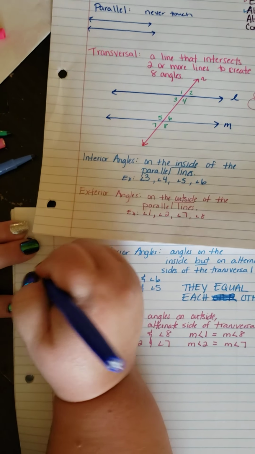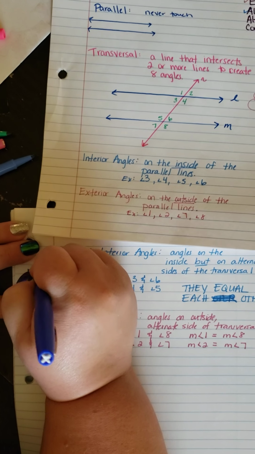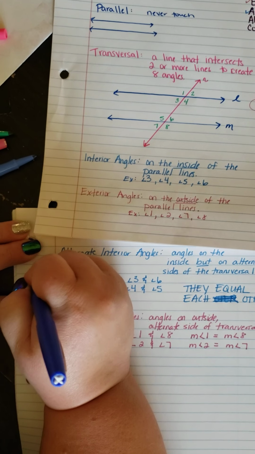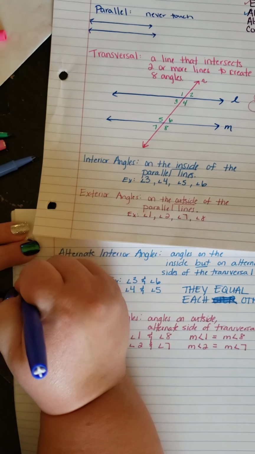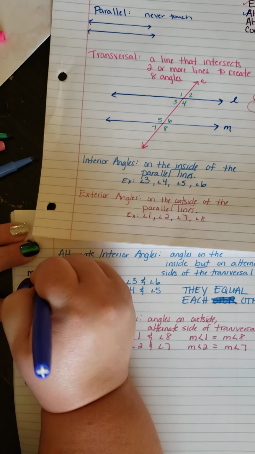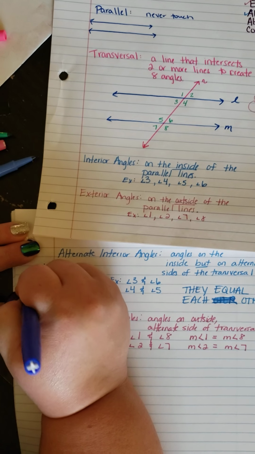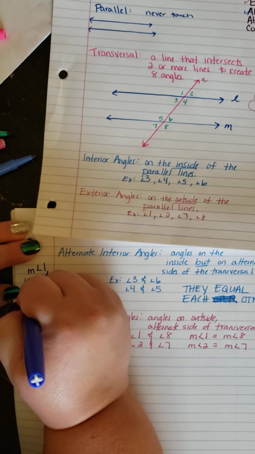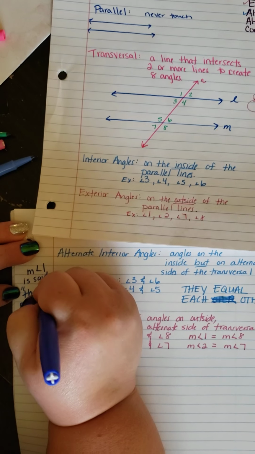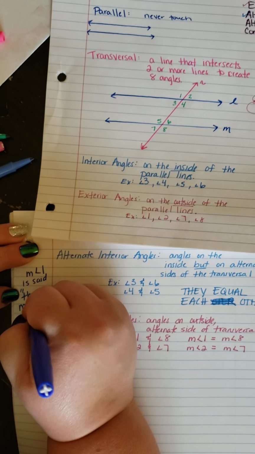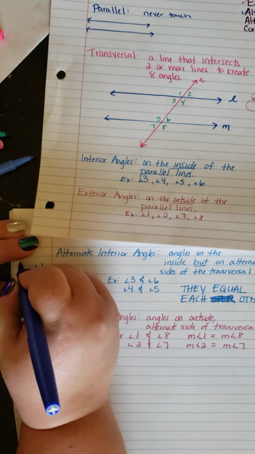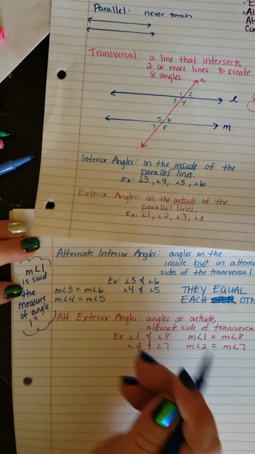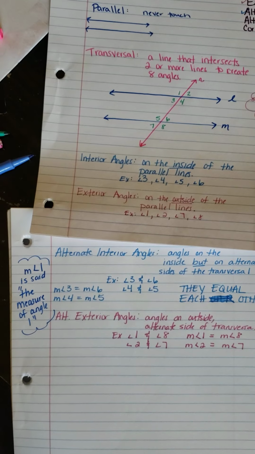Hope you can see this one. I think you can. M, angle sign, and the number is said. The measure of angle 1. Okay? Just one of our little notes here.